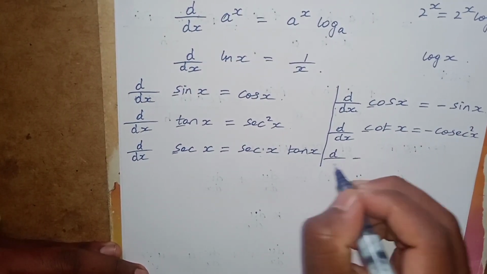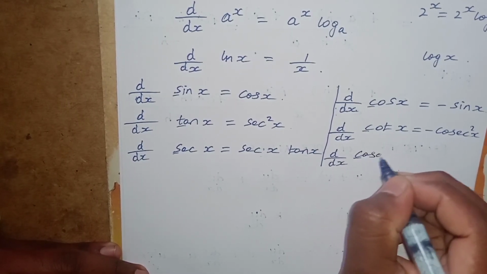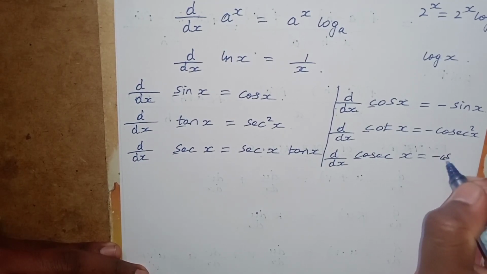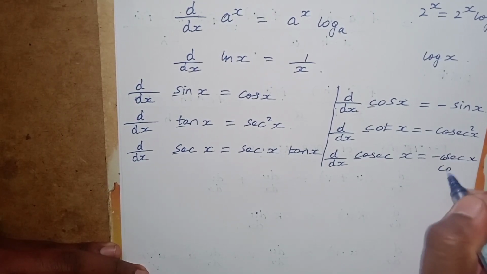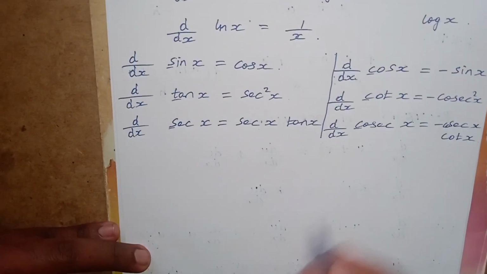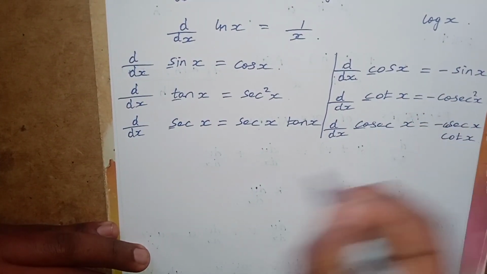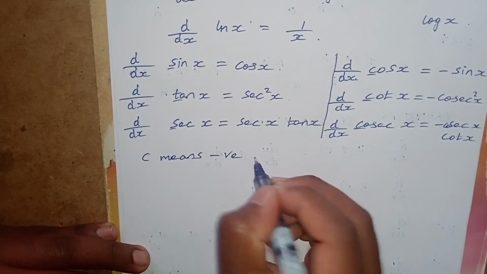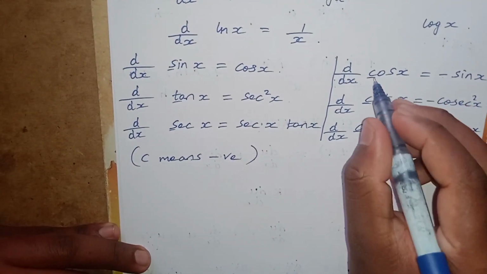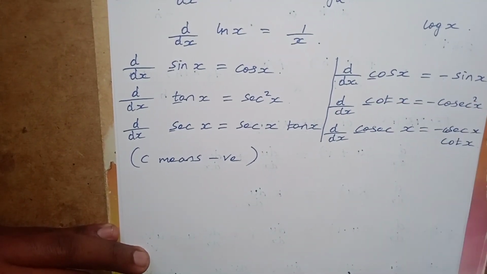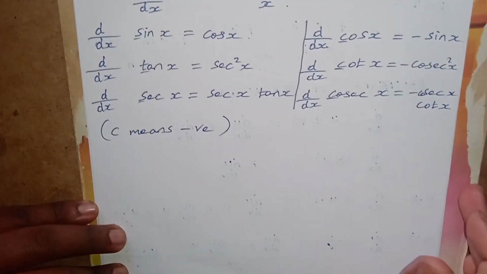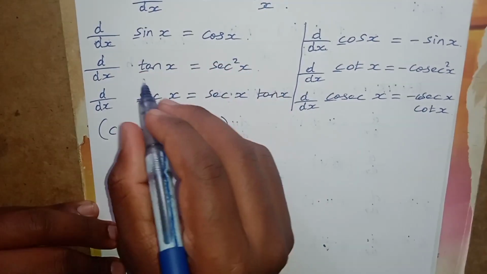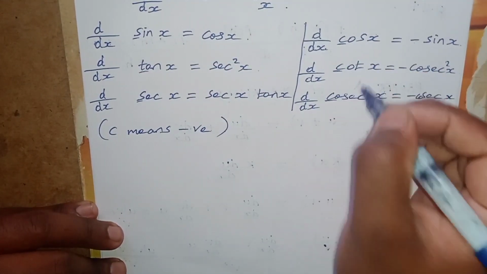And d by dx of cosecant x is equal to minus cosecant x cot x. Whenever the first letter is c, the result becomes negative. These are my sin, tan, secant, cos, cot, cosecant.